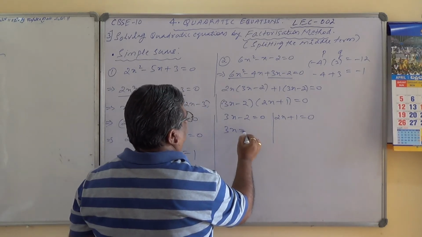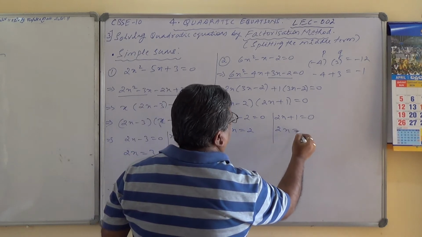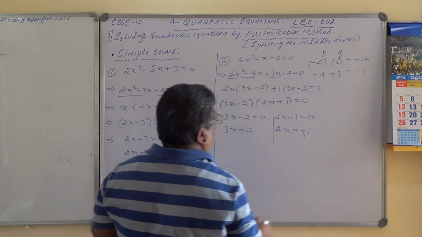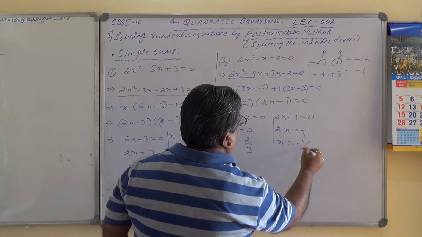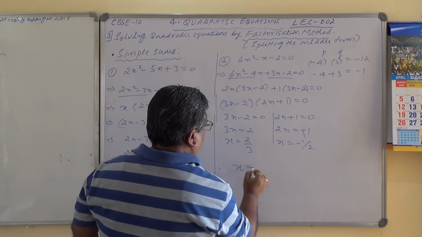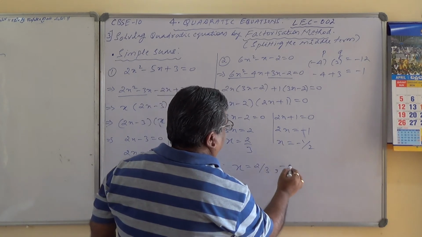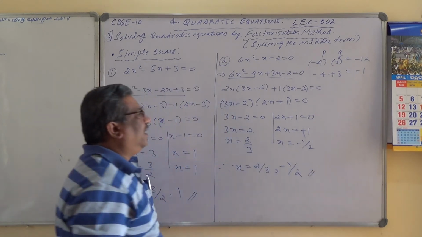Therefore minus 1. Therefore x equals 2 by 3, minus 1 by 2. Therefore x equals 2 by 3 comma minus half should be your answer.